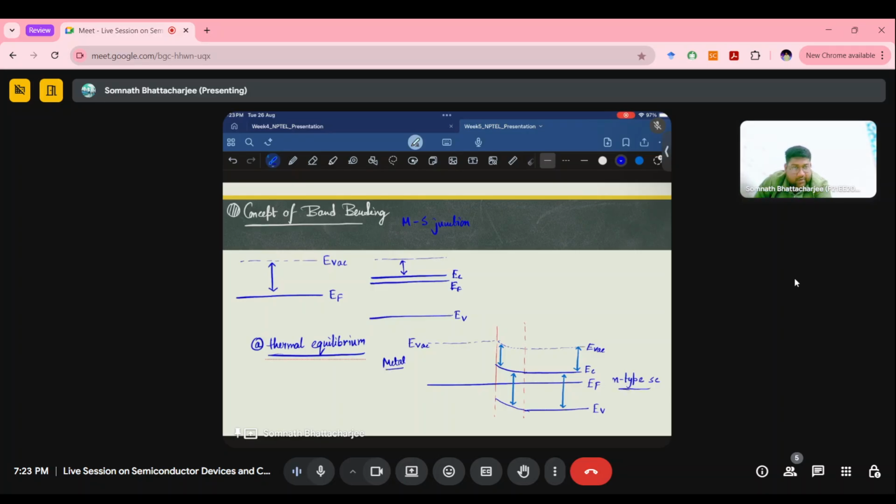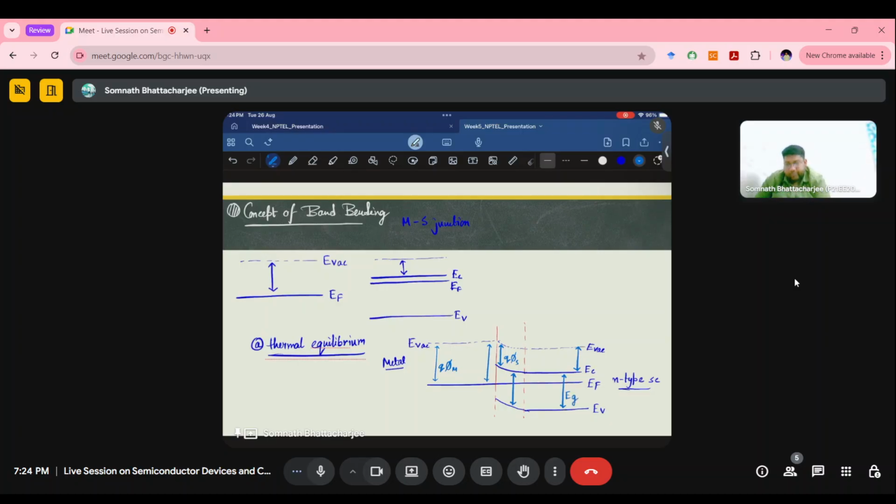So this side is the metal one, and the right side is the N-type semiconducting one. Here, there is the same distance as well. So this is nothing but Q psi m, that is the work function.